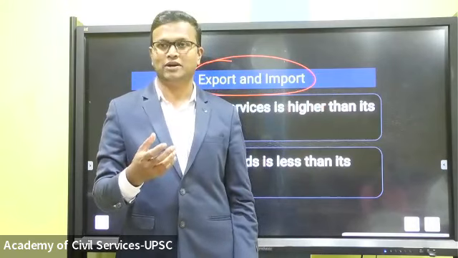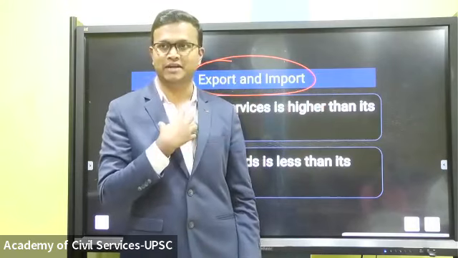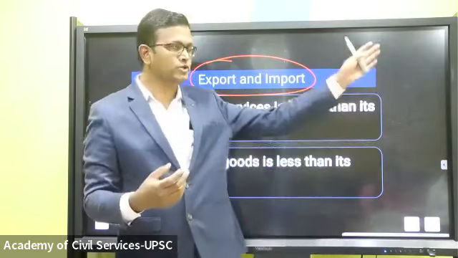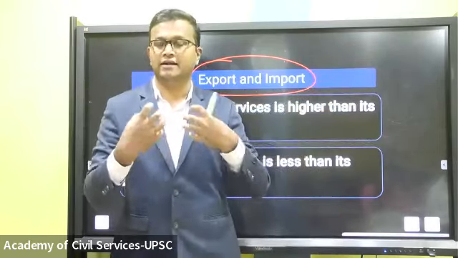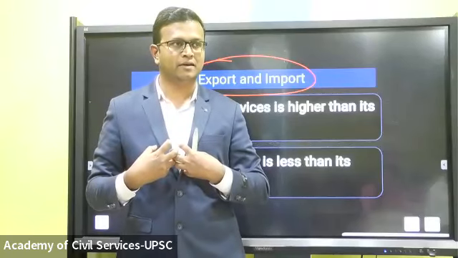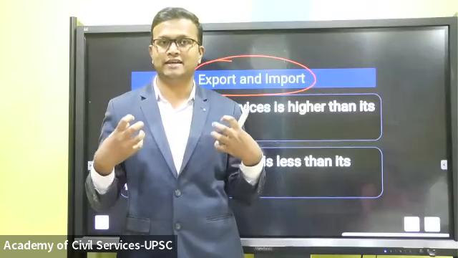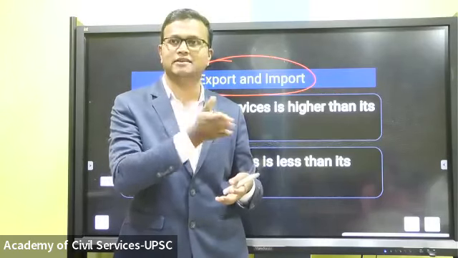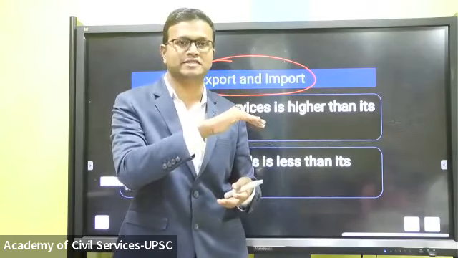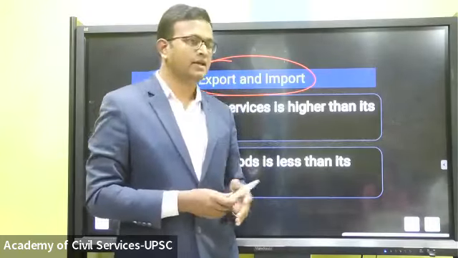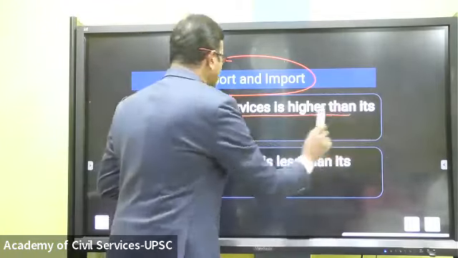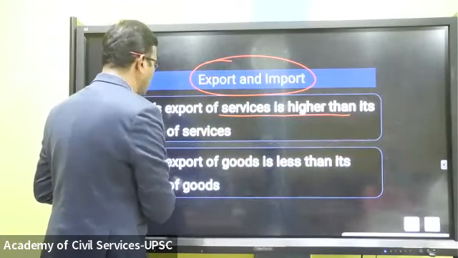Export means that when you are exporting something, you earn money. When you import something, you give the money. Foreign tourists are coming into India, and we are earning some amount of money. They take the experience from here into their country. Export of service happens, money comes in. India's export of services is higher than its import of services.